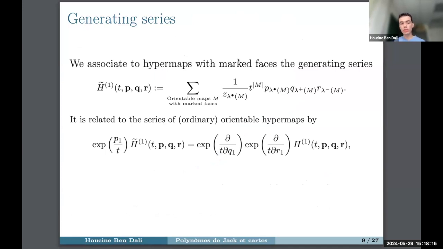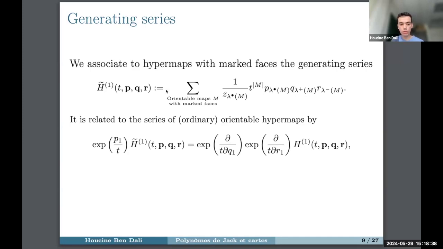And actually, it's easy to see that we can obtain H1 from H tilde 1 just by taking the homogeneous part of this generating series. So if I just look at the monomials which are homogeneous in the 3 alphabets P, Q, and R, we'll just have H1, because this corresponds to hypermaps without any marked face.